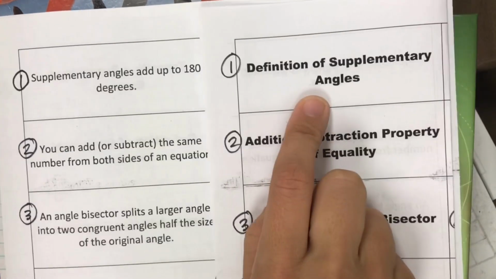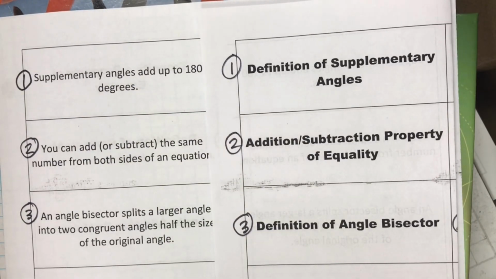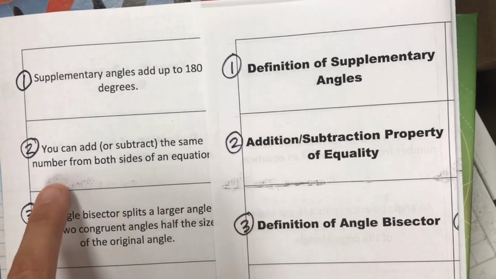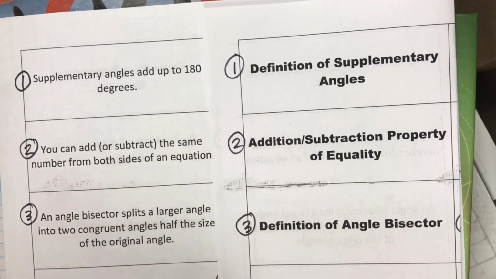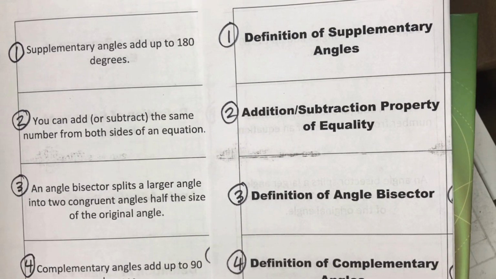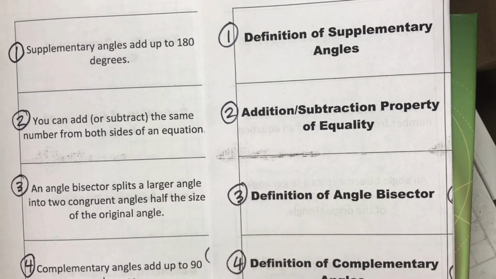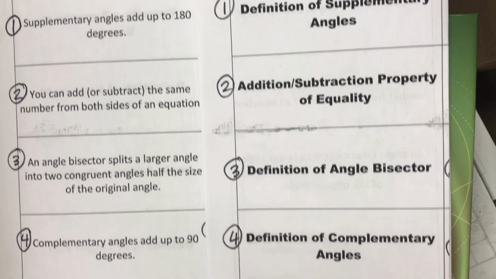So the definition of supplementary angles is supplementary angles add up to 180 degrees. 2, the definition is you can add or subtract the same number on both sides of the equation. 3, the definition of angle bisector is an angle bisector splits a larger angle into 2 congruent angles, half the size of the original angle, also known as I cut the angle in half. Yep.